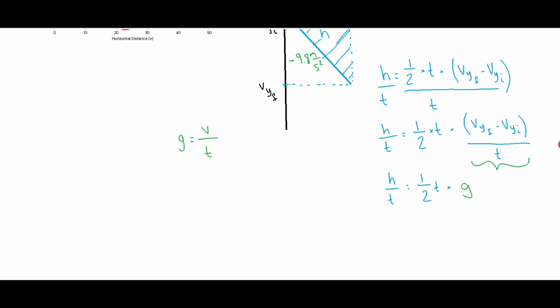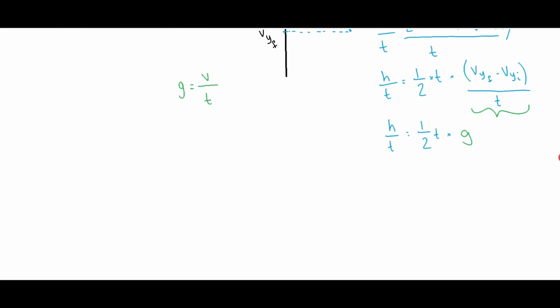And so now we solve for the time, that's what we want to solve for. We want to see how much time it takes. We're going to multiply this by 2 first, and let's say we're going to multiply this by t to get the t over here. So we're going to multiply this by t, multiply this by t, and this is getting a little messy. I know, I'm sorry about that. And we're going to divide by g to get g over here with the things that we don't want.